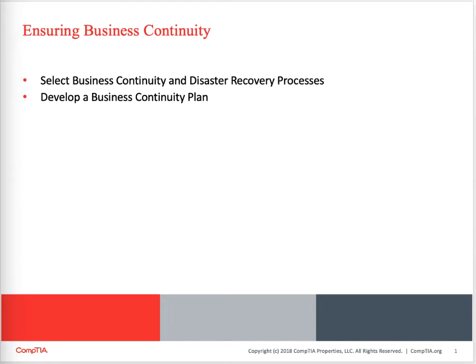And so, for an organization to maintain its viability, we need to ensure that the business process is not disrupted when it is in a bad situation. So in this case, we're going to learn about the business continuity process, select processes related to business continuity and disaster recovery, and develop a business continuity plan.